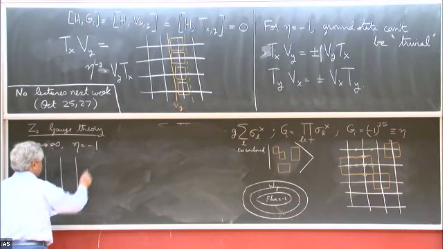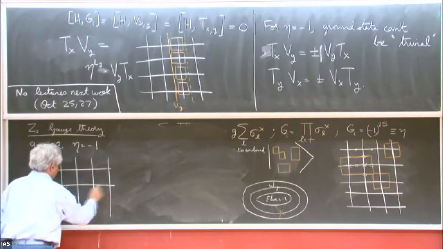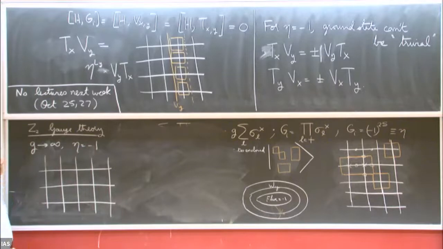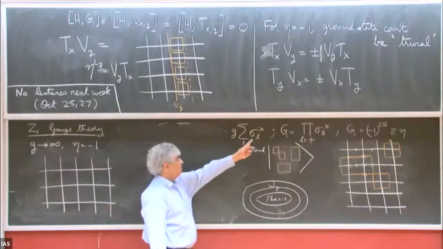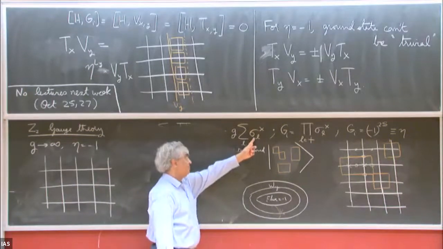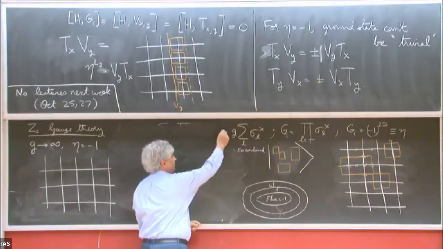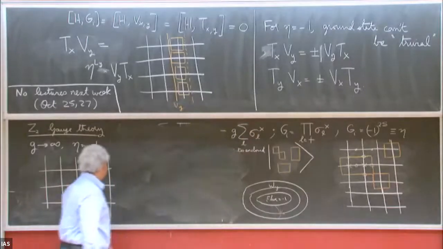Then we had to have G sub I equal to -1 on every site. The way you can arrange that is to have sigma x equals -1 on the least number of sites, because every time sigma x is -1 at large G, there's a huge energy cost. So you want to minimize the number of sigma x's.